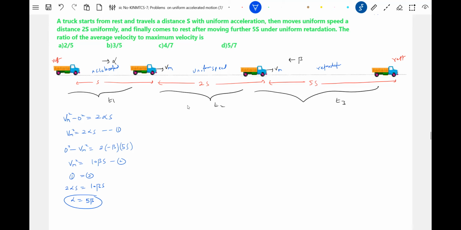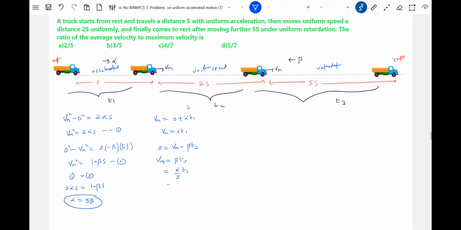After getting alpha and beta, we can bring in the times. From the formula v equals u plus at, Vm equals alpha T1. Similarly, 0 equals Vm minus beta T3, so Vm equals beta T3, with beta equal to alpha by 5.